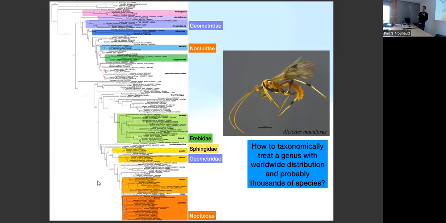But if you have small boxes of groups that are monophyletic and easy to diagnose, you can start revising each group. And some groups are restricted to one region of the world, so it's easier. So this is why I think it's important, because we can tackle the taxonomic gap in different ways.